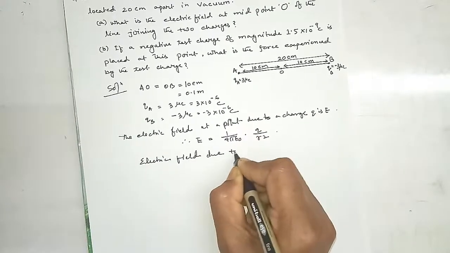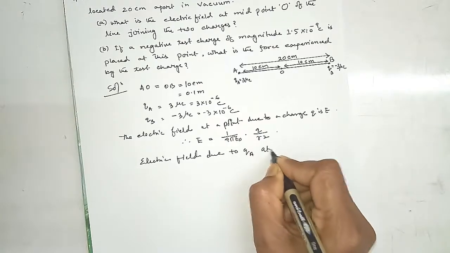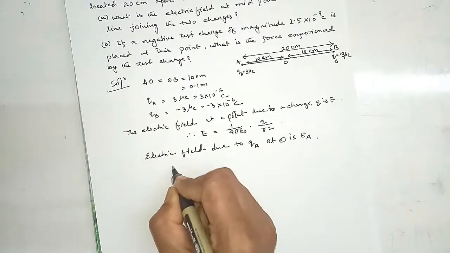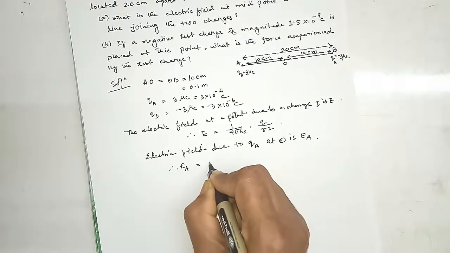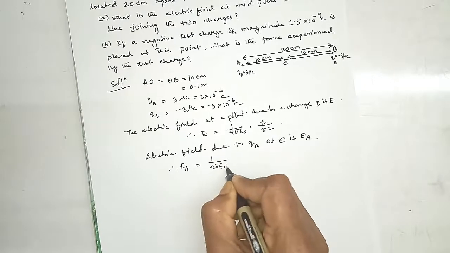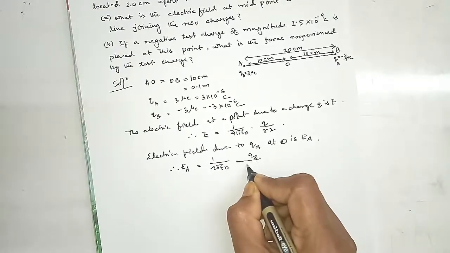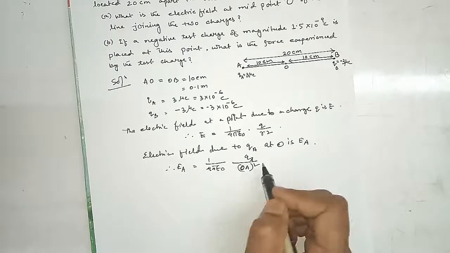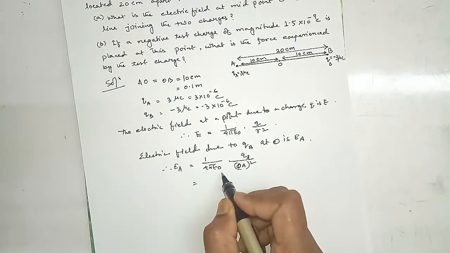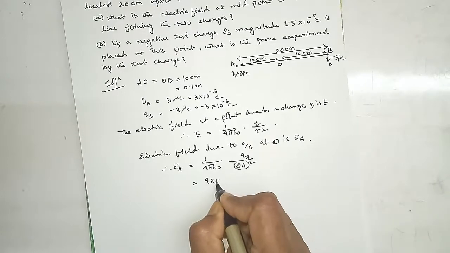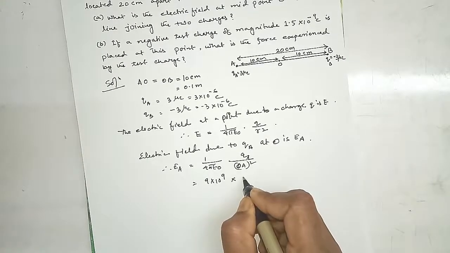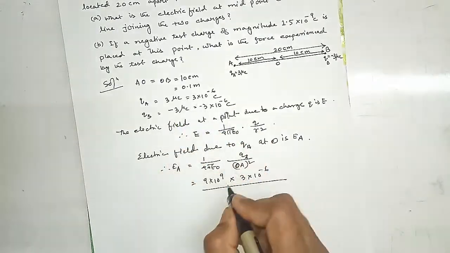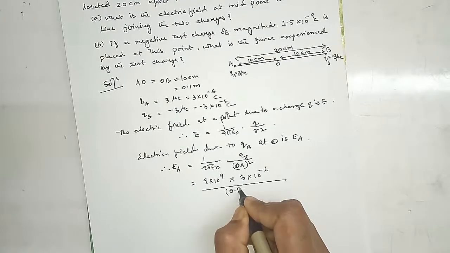So electric field due to QA at O is EA. So therefore EA equal to 1/4 pi epsilon naught into QA by OA square. Now we know that 1/4 pi epsilon naught का वैल्यू है 9 into 10 to the power 9 into 3 into 10 to the power minus 6 by OA is your 0.1 whole square.